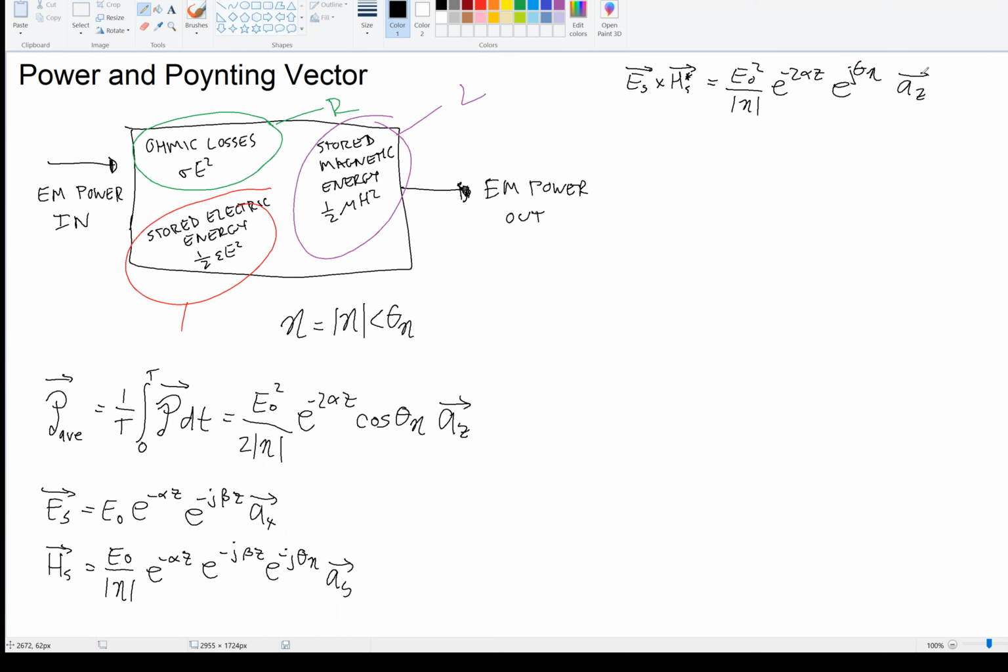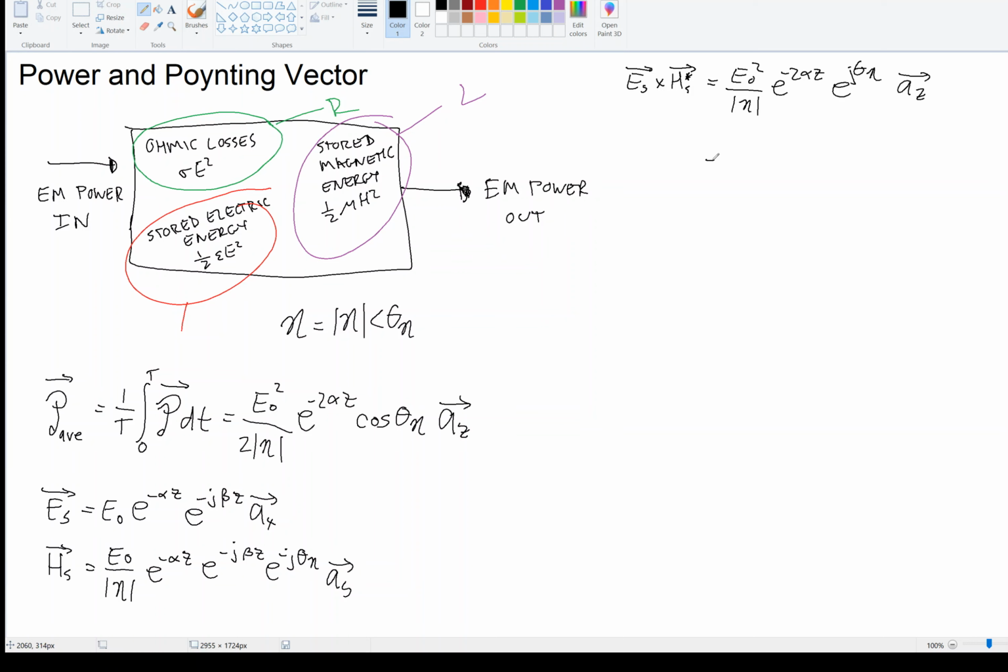The e to the minus j beta z terms go away, because when you take the complex conjugate of H, this becomes e to the plus j beta z, and when you do the multiplication, they add to an exponent of 0. E to the 0 is 1.